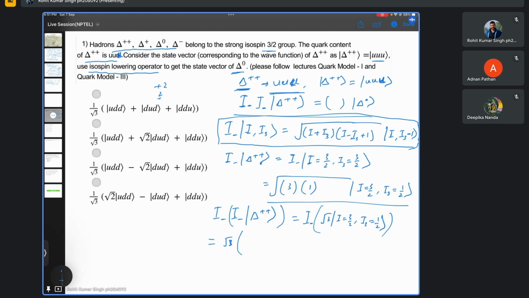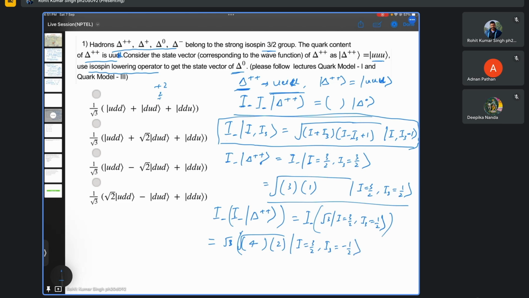So you have I plus I3, so 3 by 2 plus half will be 4, 3 by 2 minus half will be 1, plus 1 it will be 2, so under root of this, and here you will have I equal to 3 by 2 and I3 equal to minus half.